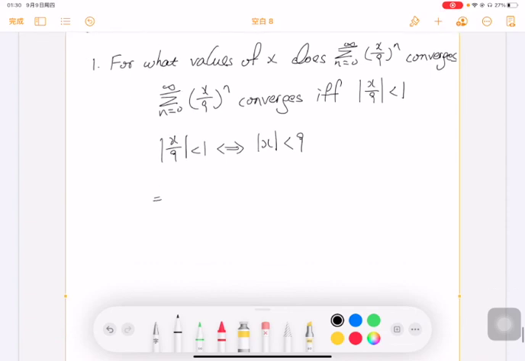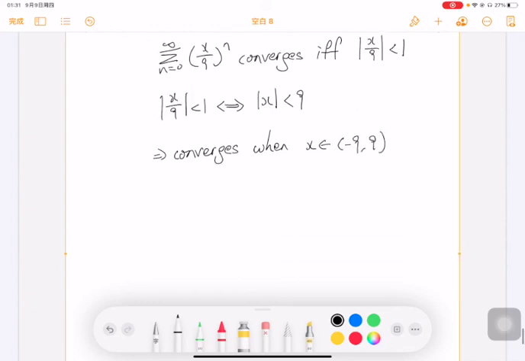So the series converges when x is between minus 9 and 9. Okay, this is the first problem.